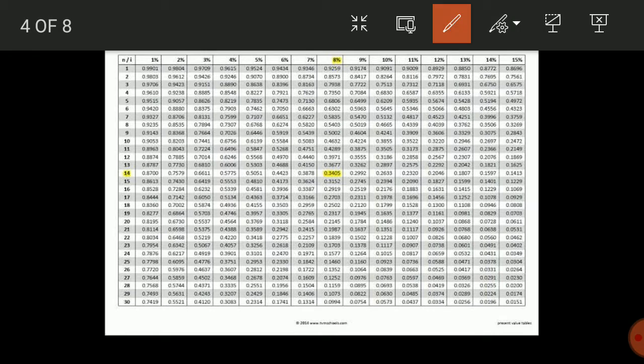So here this is 10% cutoff rate, and this value might be selected for converting cash inflow into present value of cash inflow. Here first year it is 0.9091, second year 0.8264, third year 0.7513, fourth year 0.6830, and fifth year 0.6209.